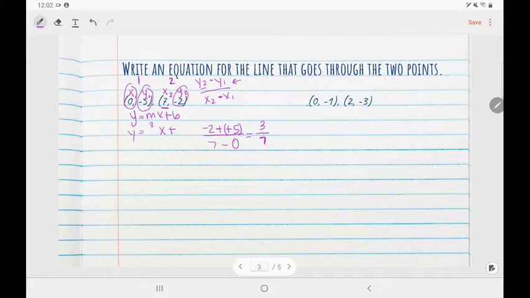So 3 over 7x plus, what is my y-intercept? As I said on the previous page, if I have an ordered pair where the x spot is 0, the y value is my y-intercept. So if I look at this first point right here, I can see that x spot is a 0, so the y value is my y-intercept.